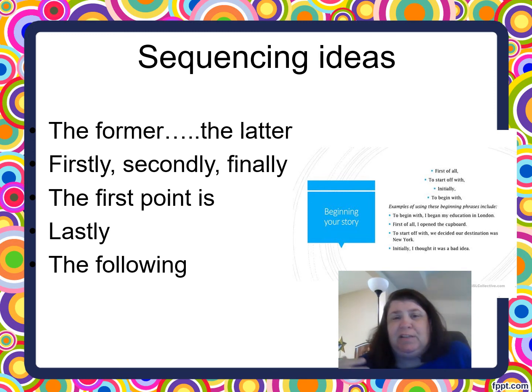You're just using these things to show a progression of something that has happened in time. So you could use any of these in your writing, and many of these, like I said, are interchangeable because you could have said, the first point is I began my education in London.